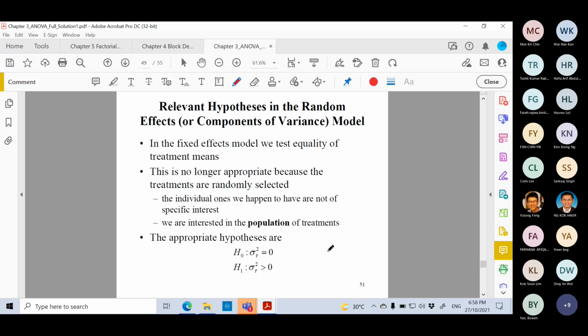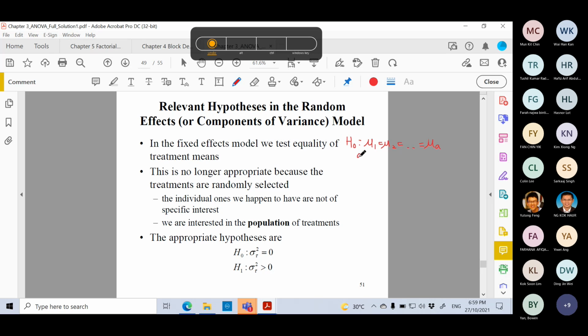So in the fixed effect model, I will compare two things. In the fixed effect model, we are testing the equality of the means. We are testing H naught: the mean for 1 equals the mean for 2 until the mean for a, if you have a levels of means.